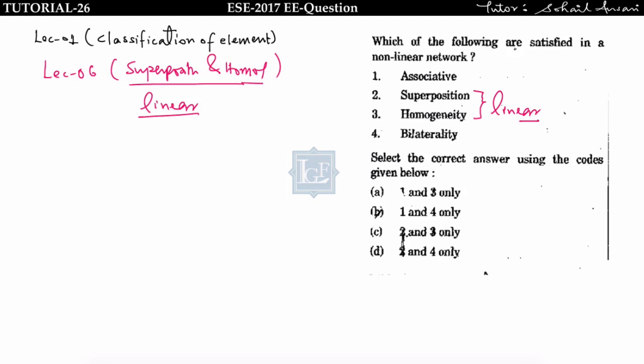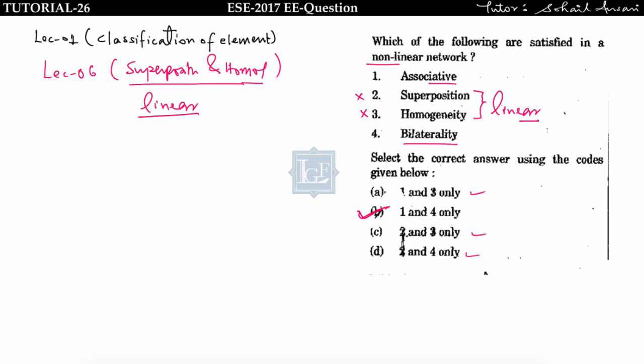But the question is saying which of the following are satisfied in a non-linear network. So these two would be wrong. So options 2, 3 are wrong. Means only 1 and 4 can be satisfied. So no need to check bilaterality and associative, because 2, 3 is already wrong, and in option A you are getting 3, in option C you are getting 3, in option D you are getting 2. So A, C, D are wrong.